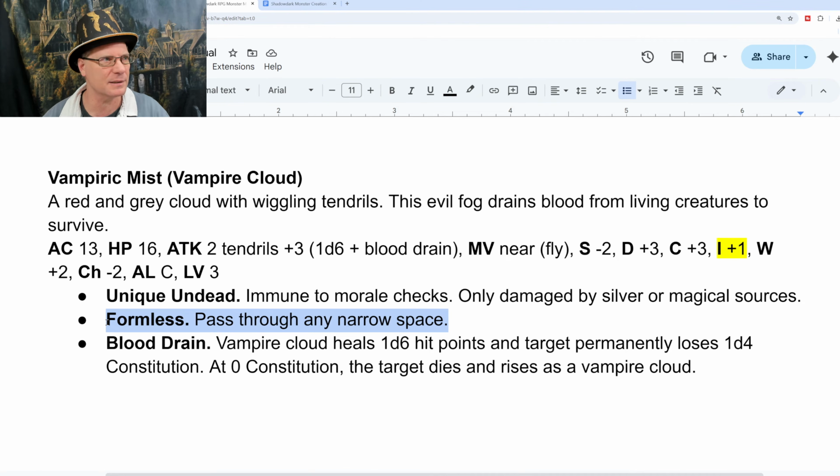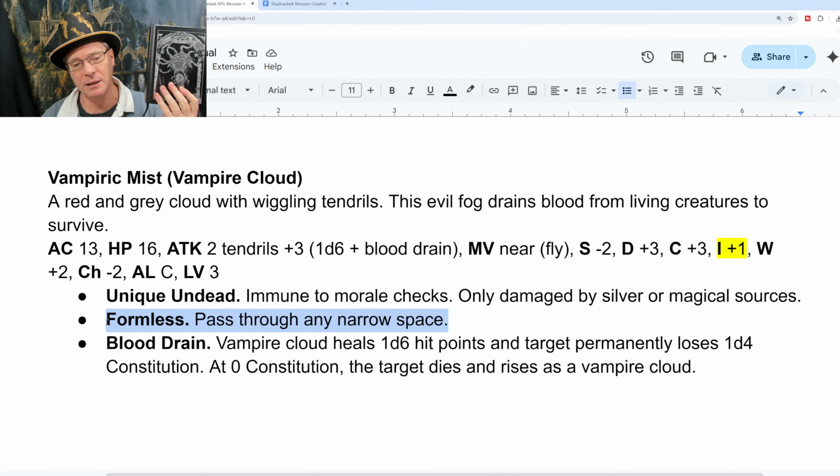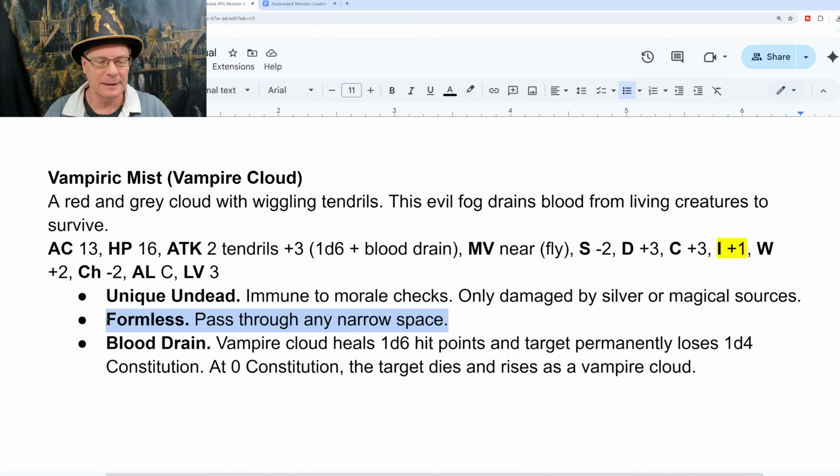Now Formless is drawn from one of the other monsters in Shadowdark and how they have written it up. I kind of used that as a sort of a... I looked at the oozes because some of them sort of have a feature that kind of allows them to squeeze through a space. So yeah, I've gone with that.